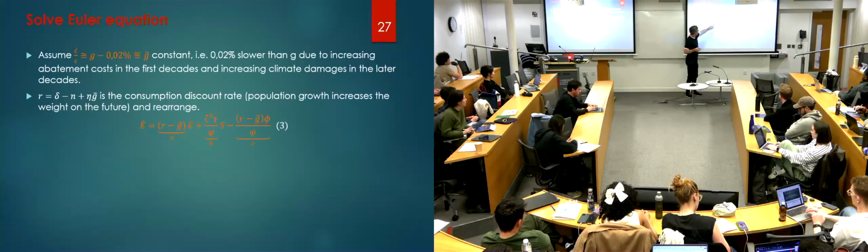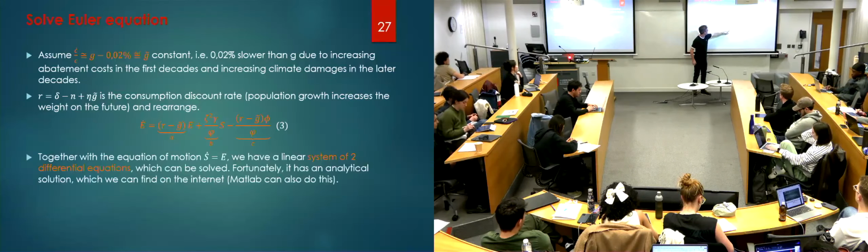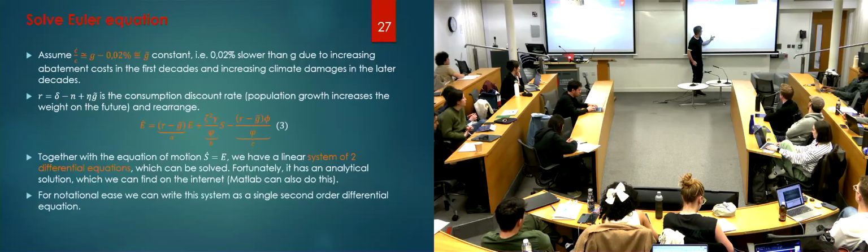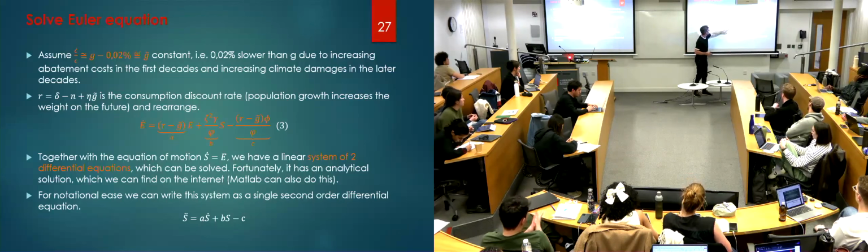And so I have a differential equation in my decision variable, emissions. I have a differential equation in my stock variable, and you can solve that. Now, I can take the derivative of this, and I can rewrite it as a second time derivative. So I can put the two differential equations in one, or not. You can just solve this.